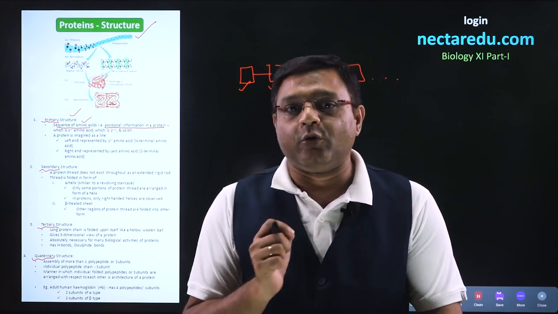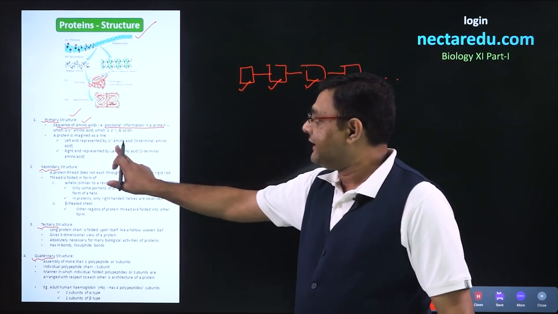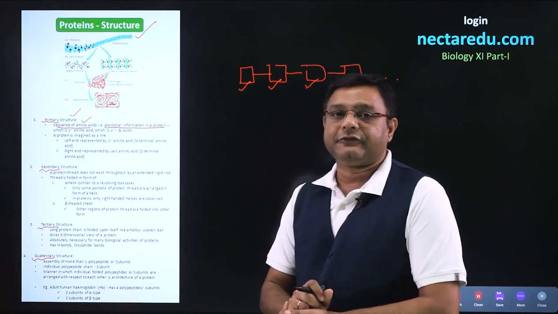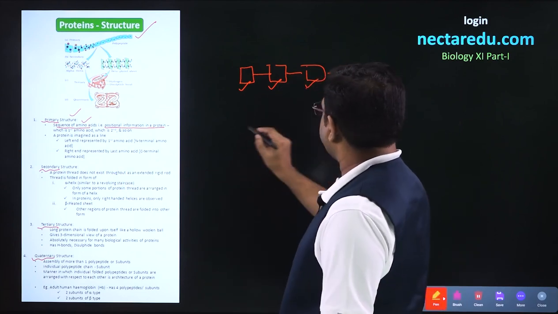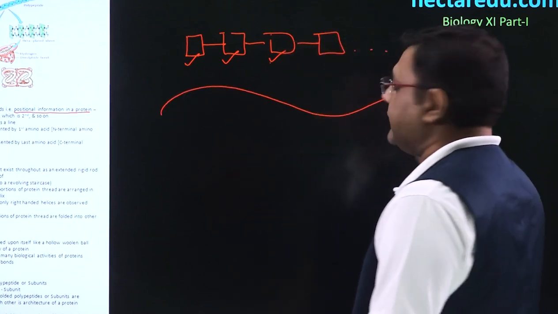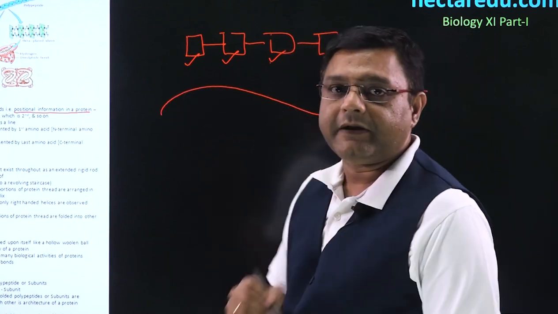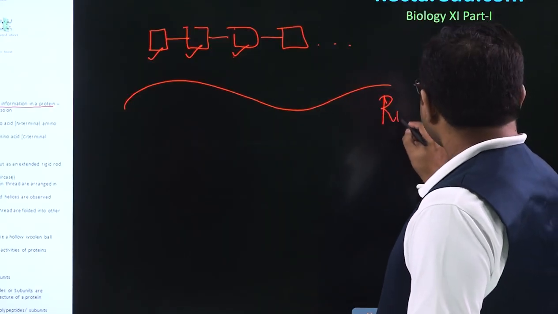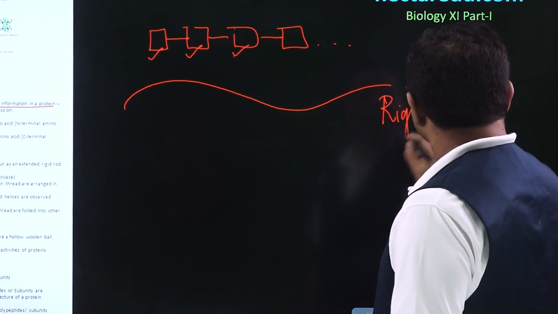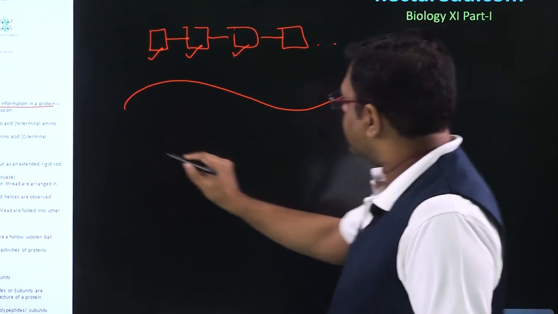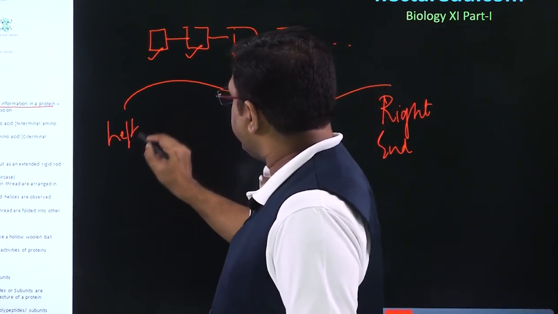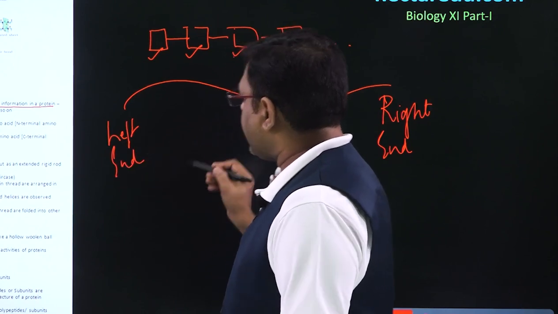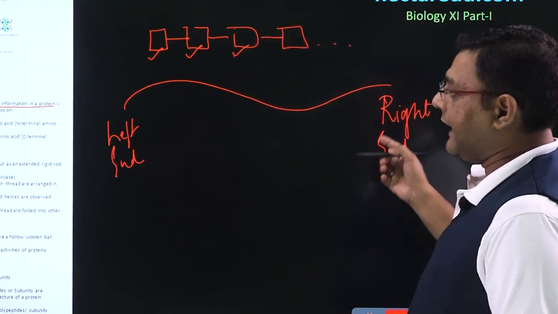We imagine protein as a straight chain if we take this primary structure. So let us think that this is a chain which is formed. So this is the primary structure. This end will be the right end and this particular end will be the left end.